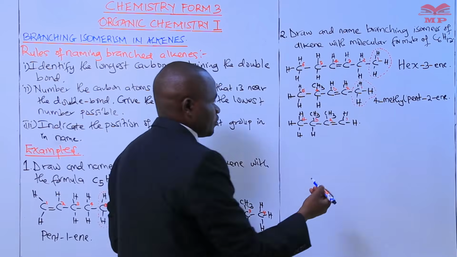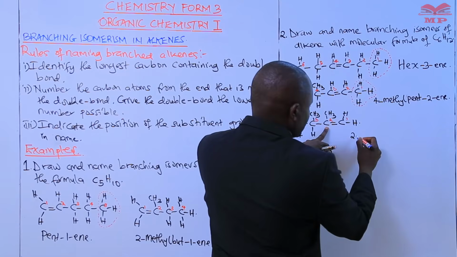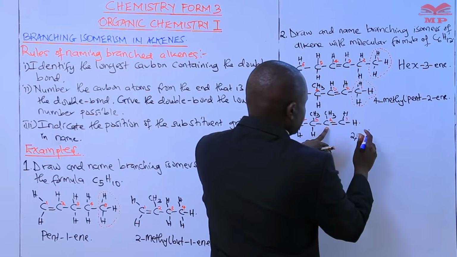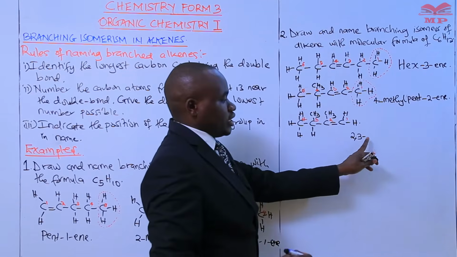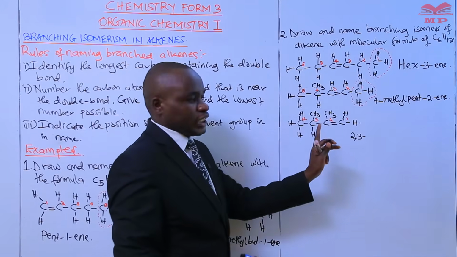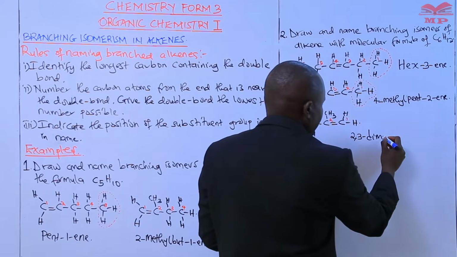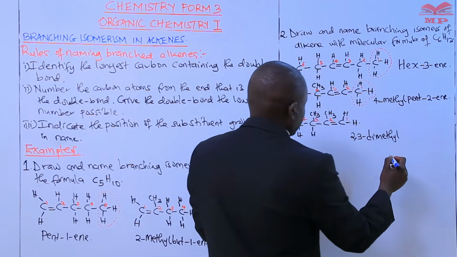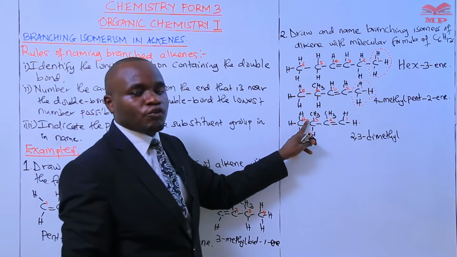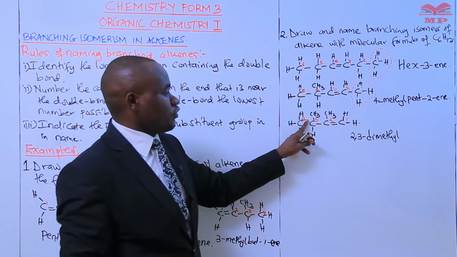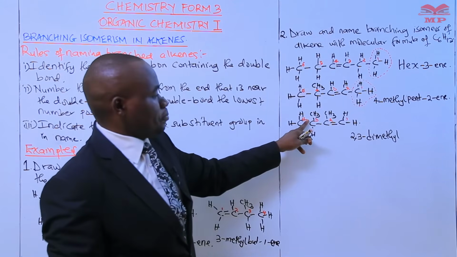Therefore, the name will be as follows. The first methyl is on carbon 2, then the next methyl is on carbon 3. Then you put a dash to separate the number and the letter. We have 2 methyl groups which are identical, so we introduce the word di, and then methyl. And then we finish with the parent. The parent has a total of 4 carbon atoms, therefore we get the prefix but.